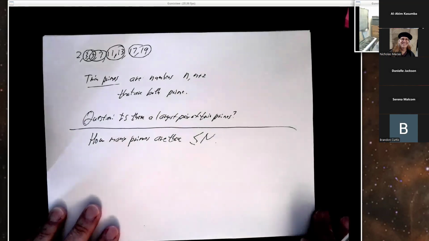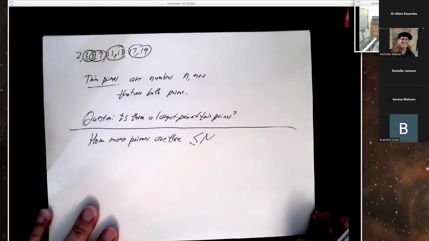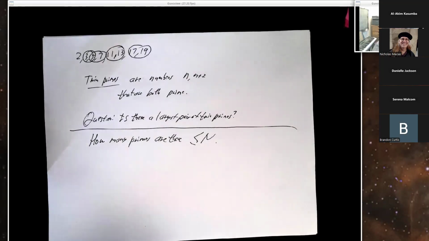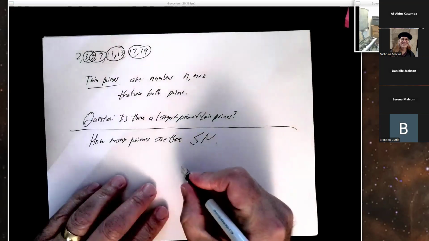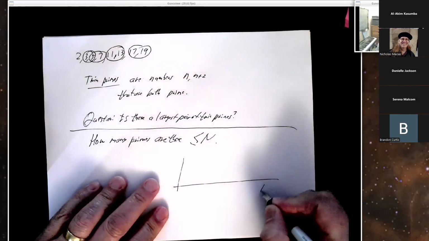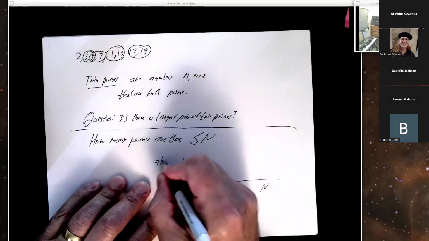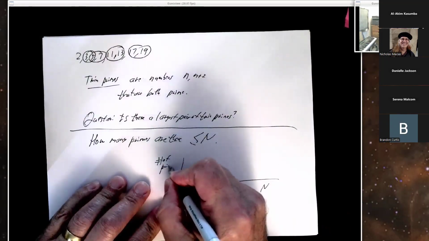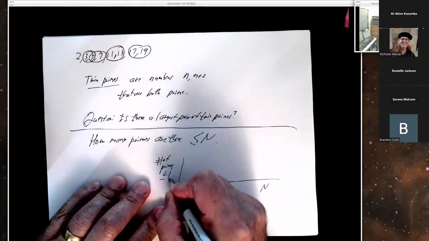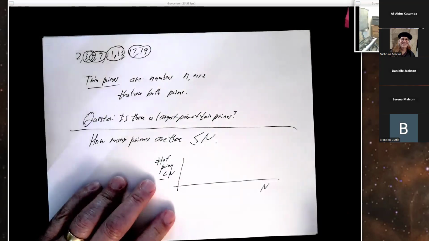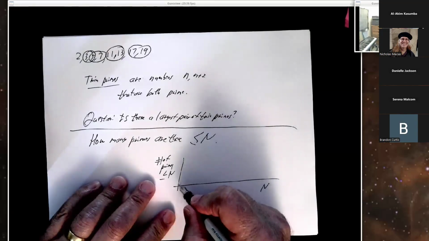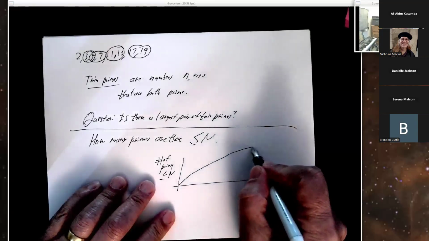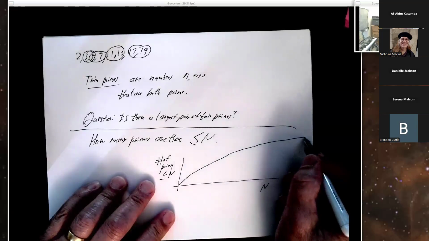If you go up to 1,000,000, they get even rarer. So if you were to draw a graph like n and the number of primes less than or equal to n, it does something like that.